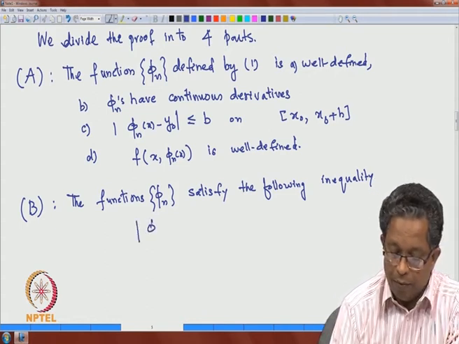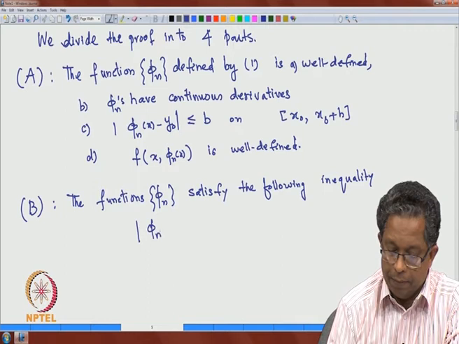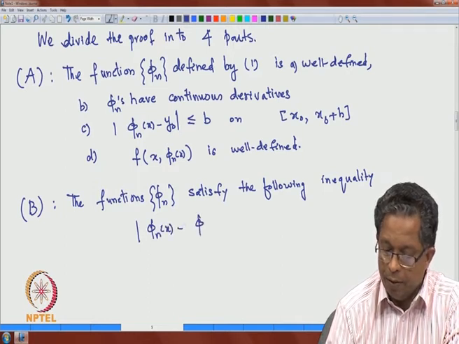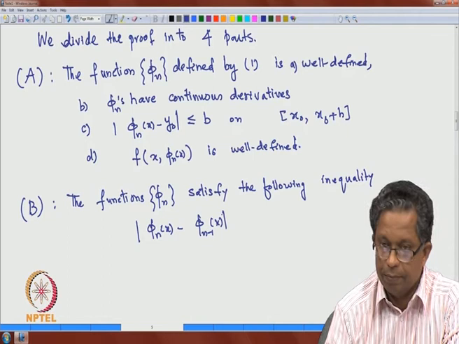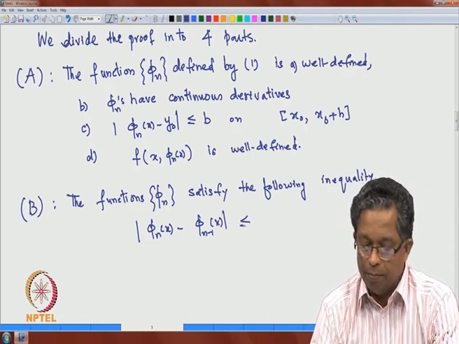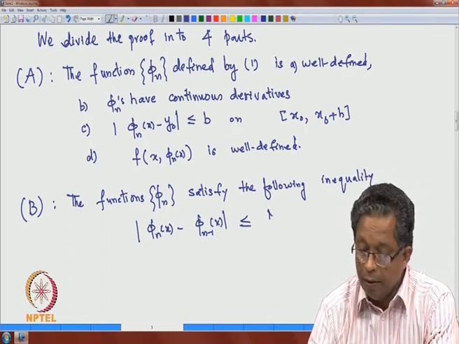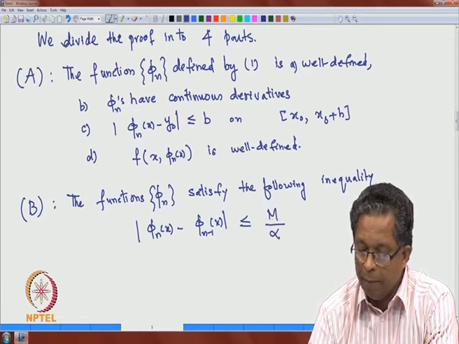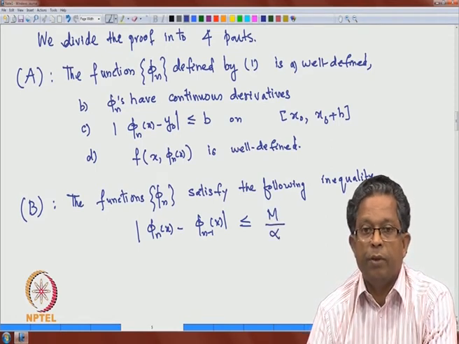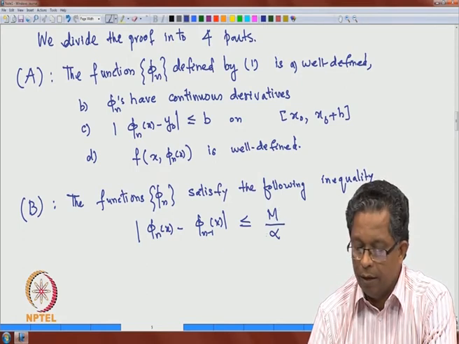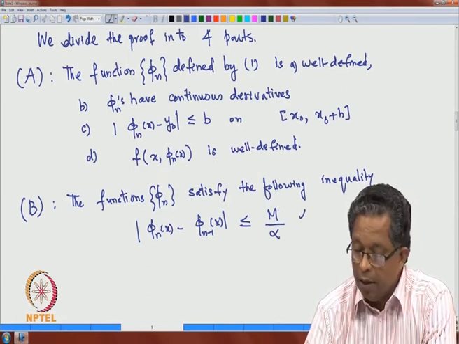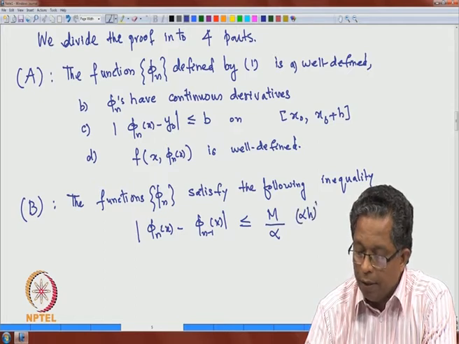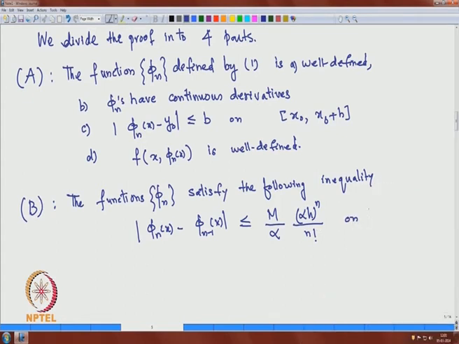That is, the absolute value of phi n(x) minus phi n minus 1(x) is bounded by M over alpha, where M is the maximum value of the function f on the rectangle, and alpha is the Lipschitz constant, times (alpha h) to the power n divided by n factorial. This happens for all x in the interval x0 to x0 plus h.